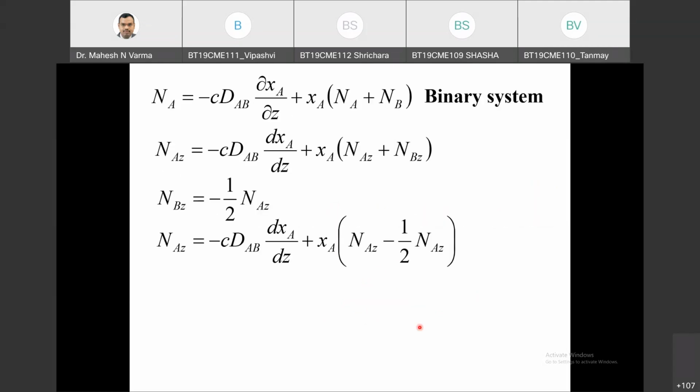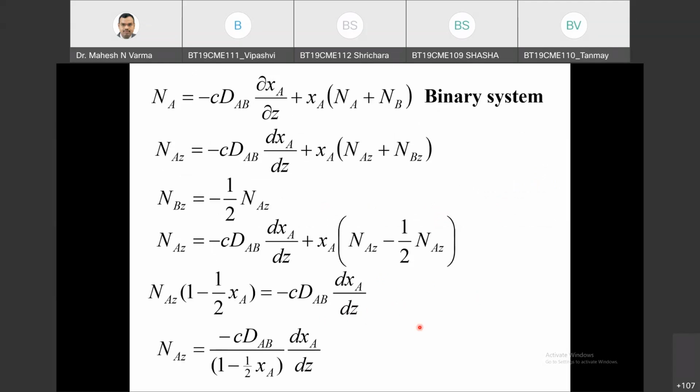Now substituting this and rearranging the equation, this is what we will get: NAZ, the combined flux. This is not just Fick's law. This is the combination of molecular flux by Fick's law as well as convective flux.